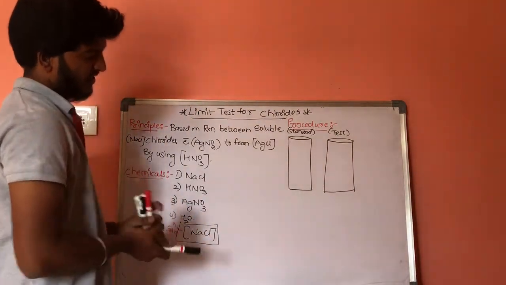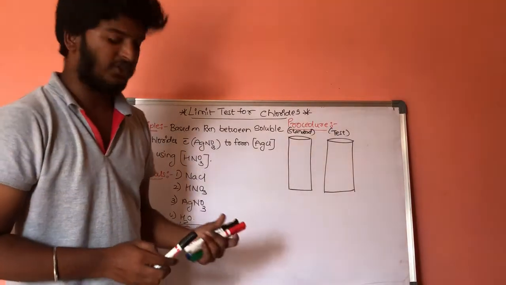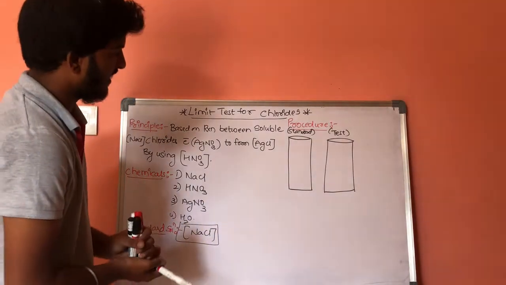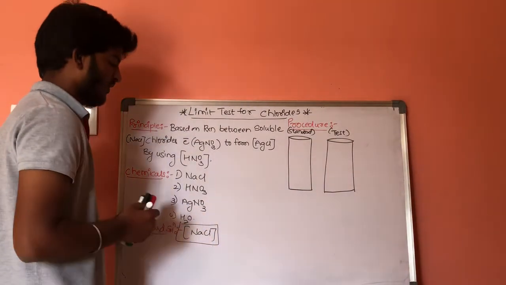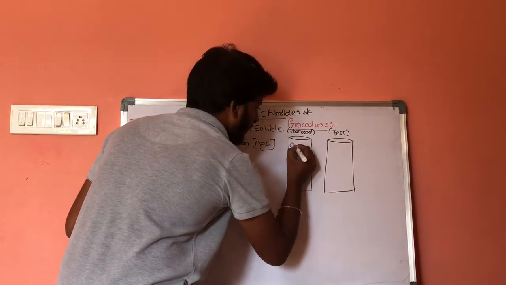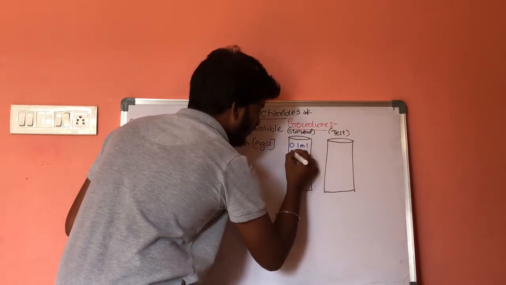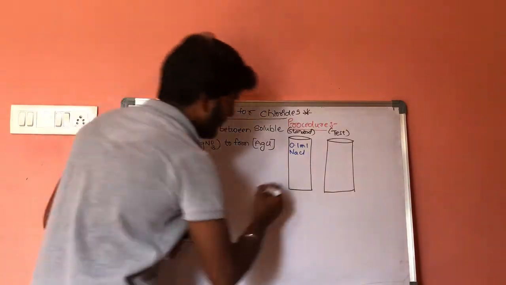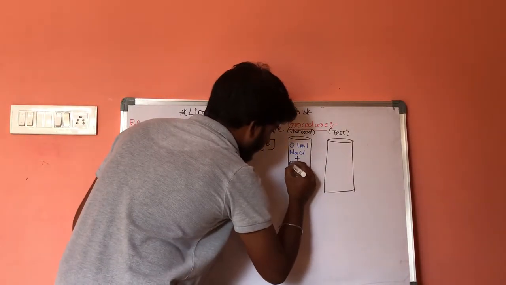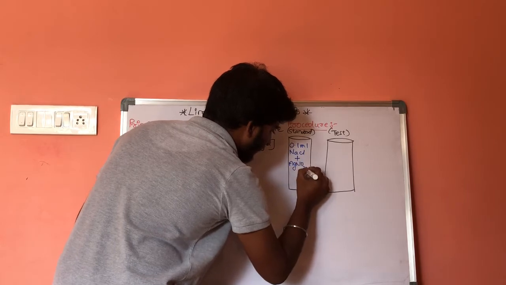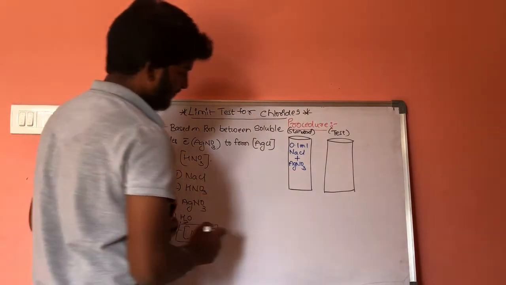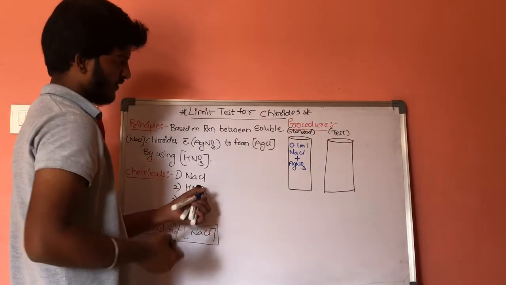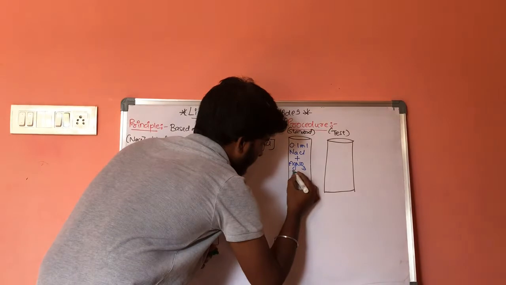Now, let us discuss the preparation of the standard solution. In the standard solution, first we take 0.1 ml of sodium chloride with silver nitrate.